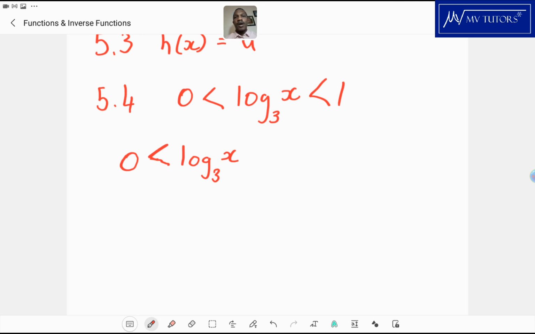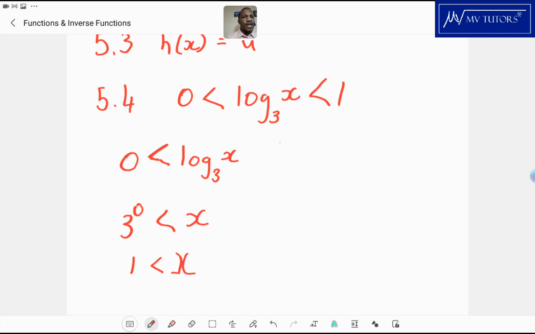If you know how to convert a log into an exponent, you know that they have the same base. So 3 is the base, and then that 0 becomes the exponent, and this side I have an x. So remember, anything to the power of 0 is 1. So we have this condition.